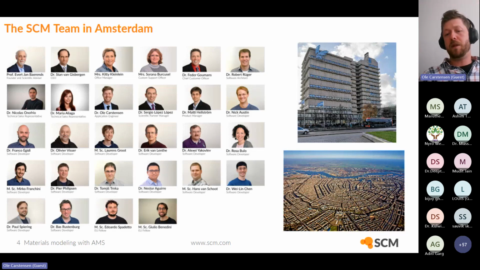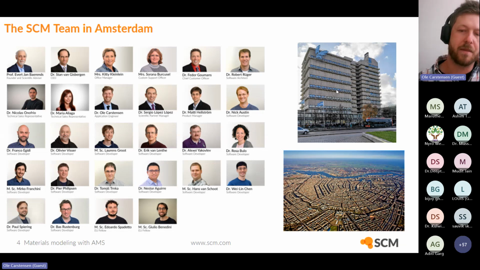Just to give you an idea who we are, this is our current team. You can see on the top left, Professor Evert Jan Baerends, and we are very, very fortunate that he's around. He's doing well, and he's emeritus by now, but he is our scientific advisor and founder, of course. The offices are still located on campus at the Free University.